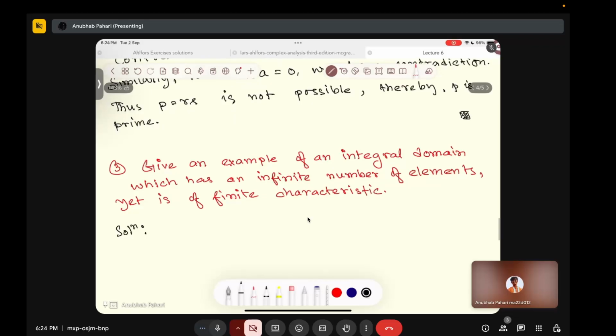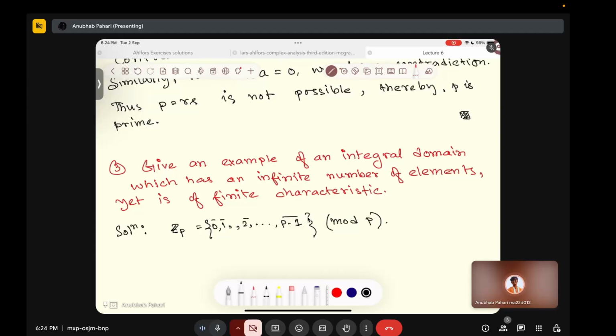So you know that Z_p is the ring of integers modulo p.